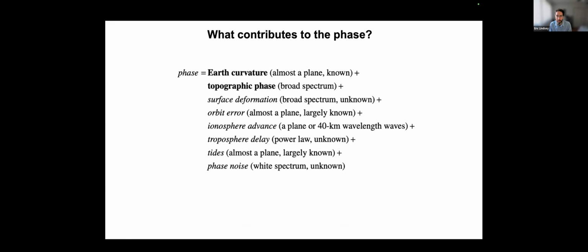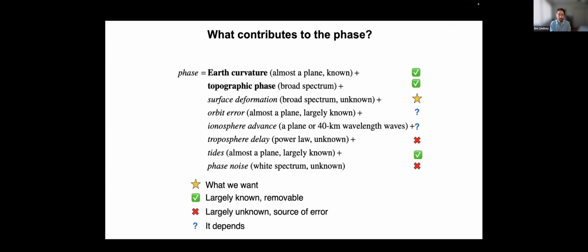There can be issues related to the ionosphere or the troposphere. There's even some difference from the tides. You know about the tides in the ocean, but the solid Earth also has tides that cause it to move up and down by several centimeters. And so that actually can contribute to the phase. And then there's noise, which is just a random process in the pixels themselves.